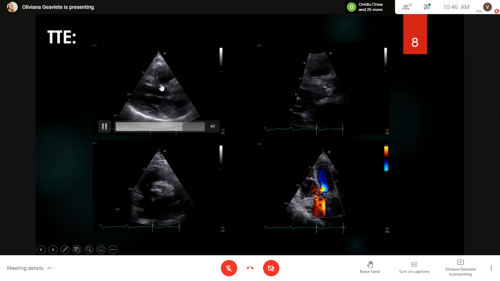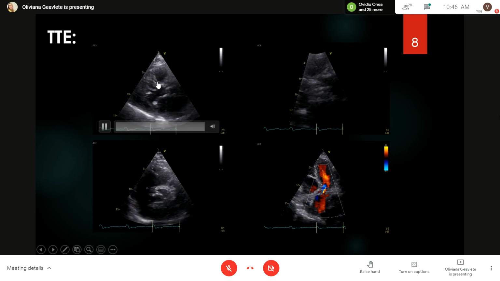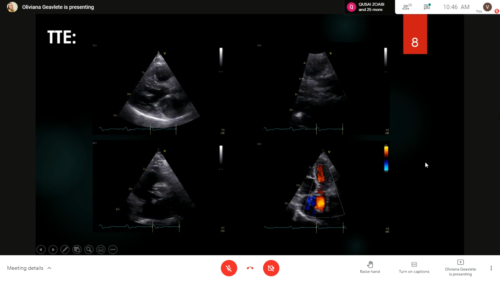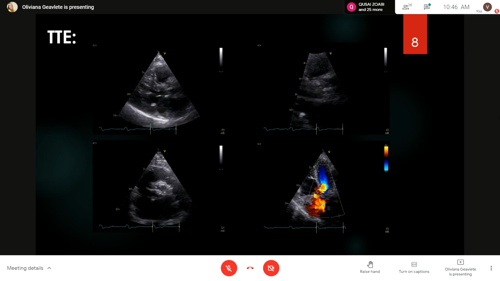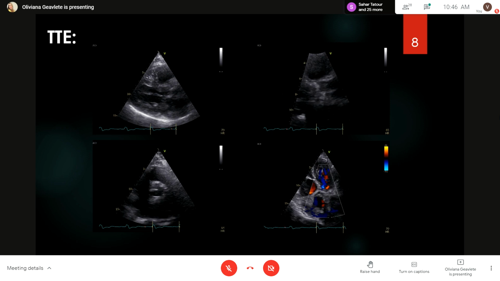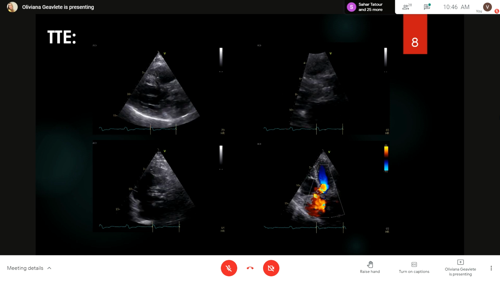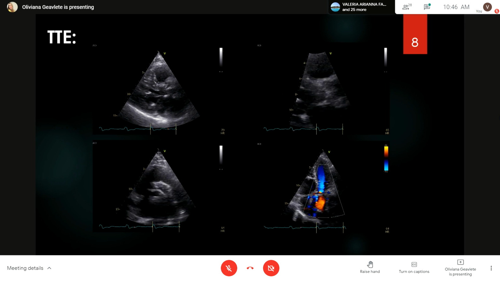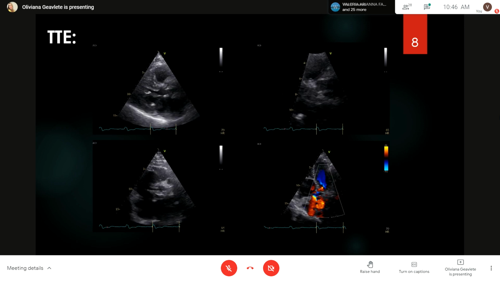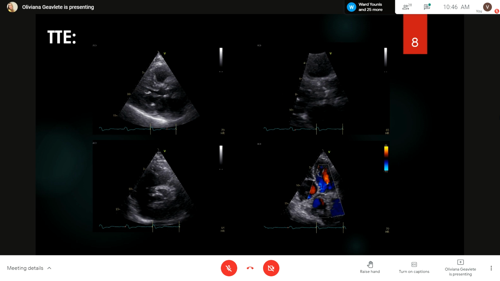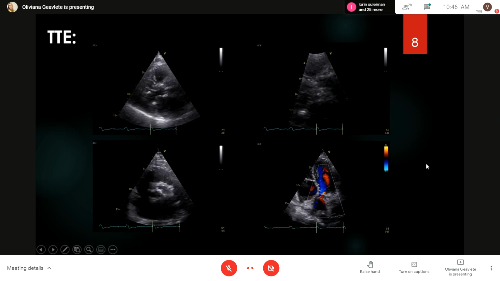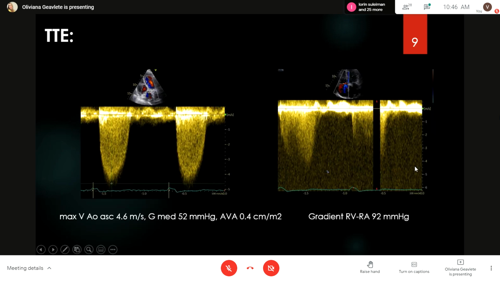So here, do you see anything? This interventricular septum, is it okay or not? Okay, thickened ventricular walls with a valve that is not opening and not closing very well, and a very turbulent flow here. This is not a very good image.